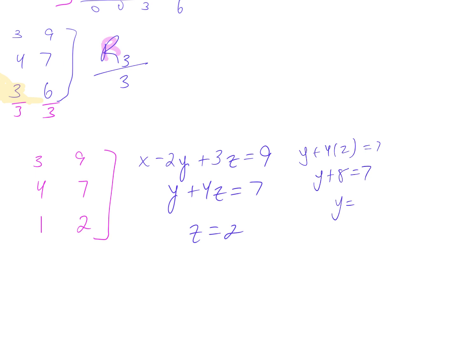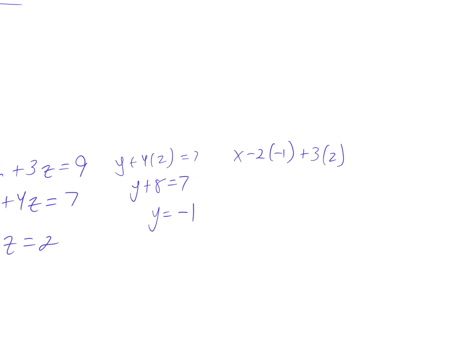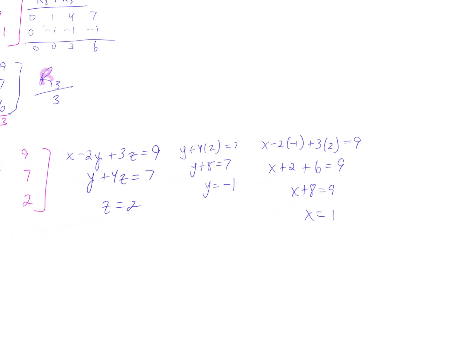So y equals, what kind of 1? Negative 1. Good. Make sure your signs. And then at the top, I have x minus 2 times negative 1 plus 3 times 2 equals 9. So x plus 2 plus 6 equals 9. X plus 8 equals 9. X equals what? 1.